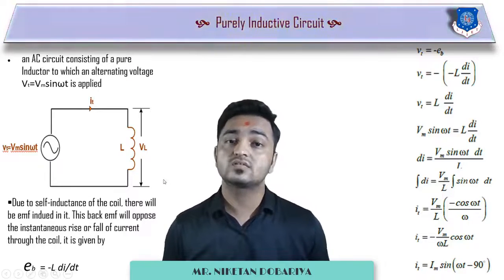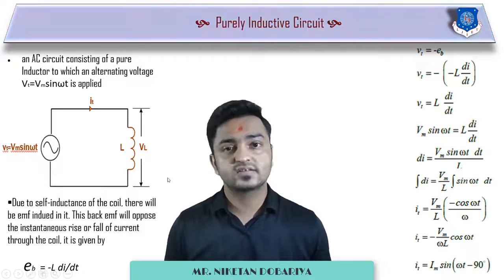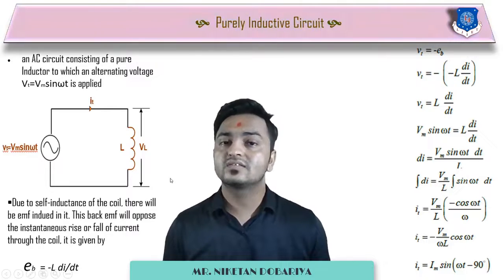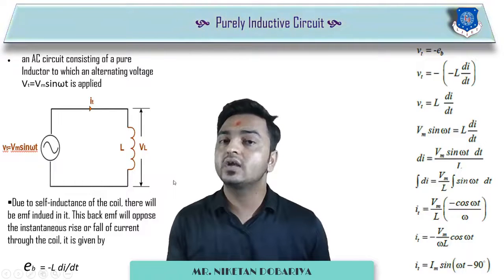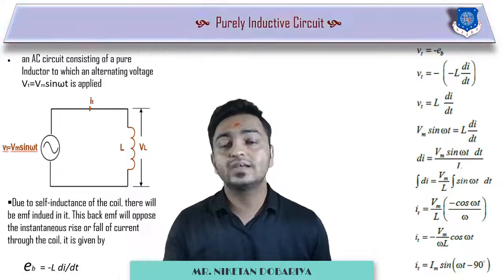We discussed Faraday's law in our previous lecture, basically the first lecture of this AC circuit, where we discussed that when we provide a variable flux to any conductor or coil, it produces EMF in it.